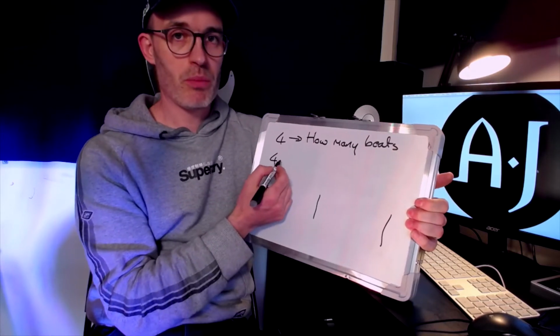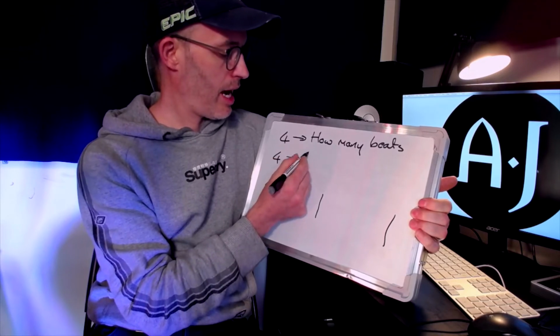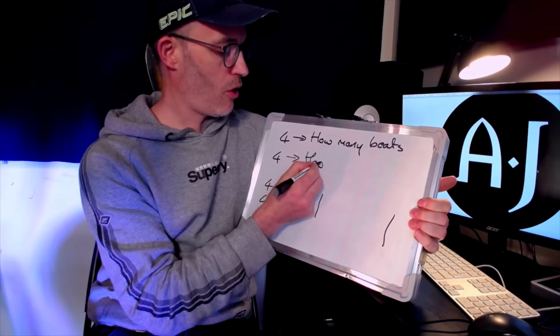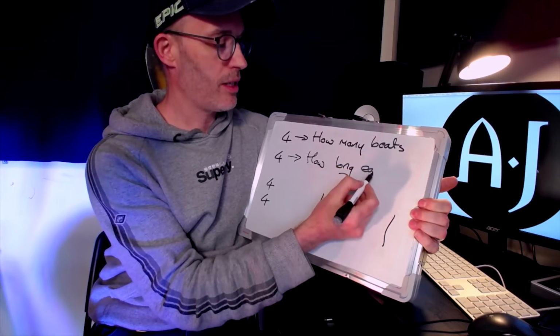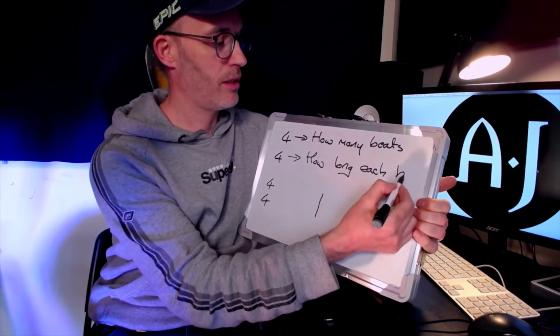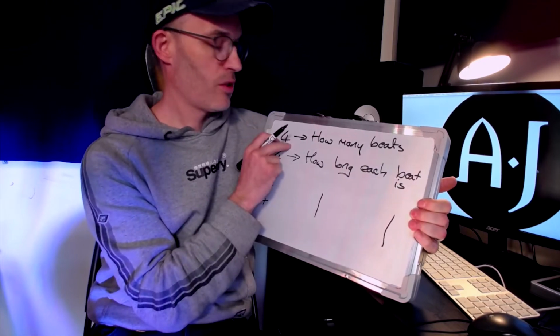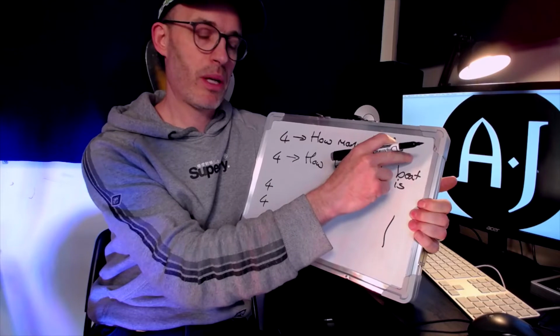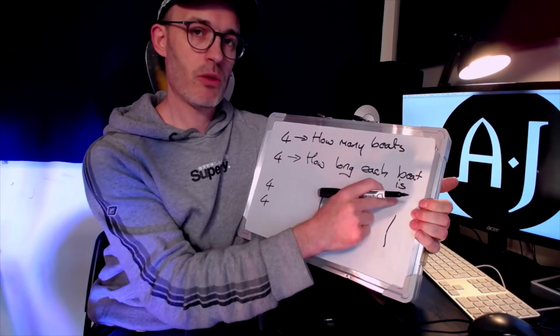The bottom number, though, is really important. It tells me how long each beat is. Okay? Top number, how many beats in the bar? Bottom number, how long is each beat?